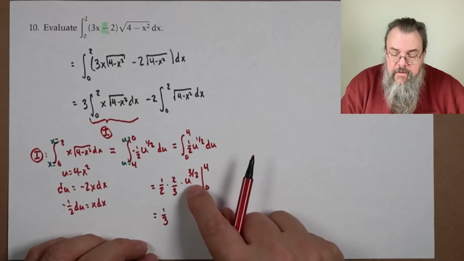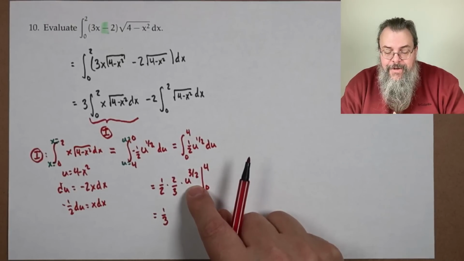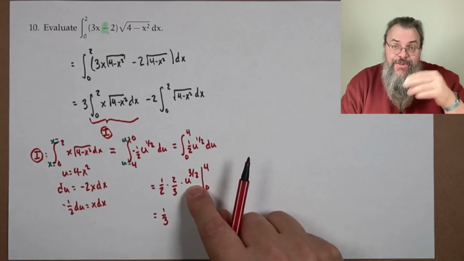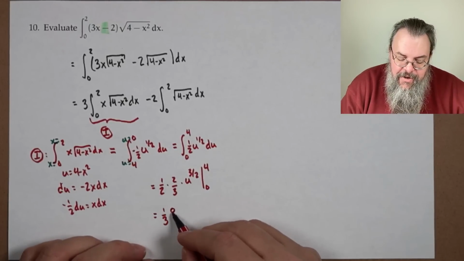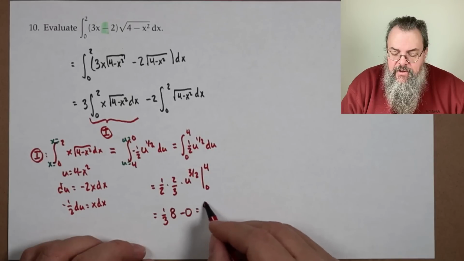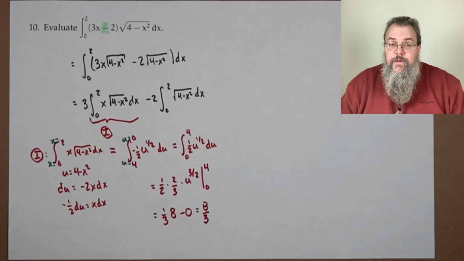Well, you can think of it as 4 cubed, which is 64, and then the square root of 64, which is 8. Or you can think of it as 4 to the 1/2, which is 2, and 2 cubed is 8. So it's 8. So 1/3 times 8, and when you plug in 0, you get 0. So you get 8/3. So that's number 1.